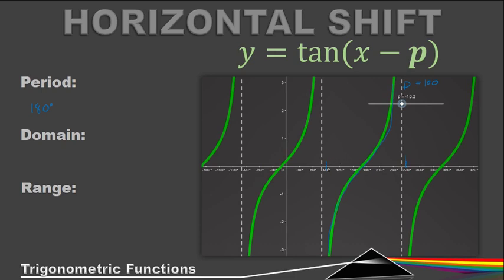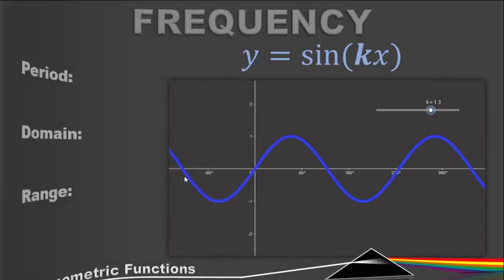So what will our new domain be? If we shifted p 100 units to the right, then our new domain will be where x is an element of 190 degrees up until 370 degrees. And then once again, our range is unaffected. It's still going to be an element of the real numbers, going from negative infinity up to positive infinity.